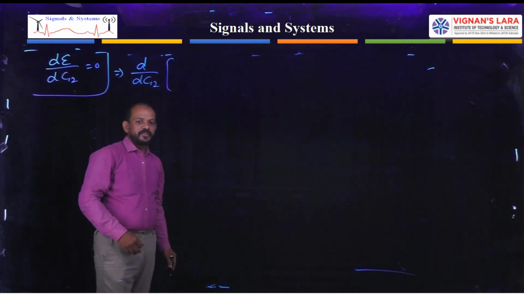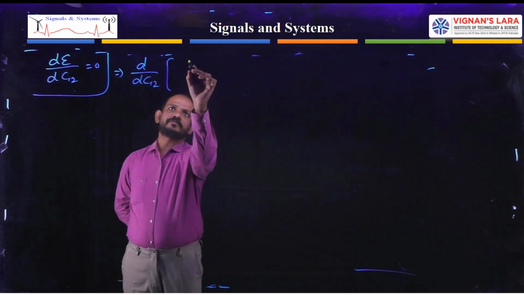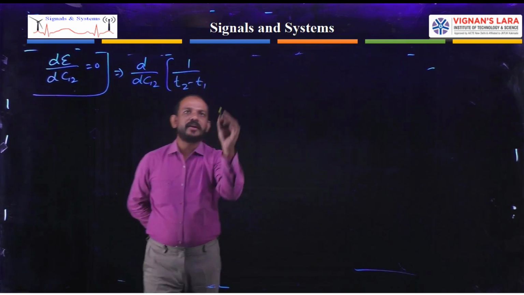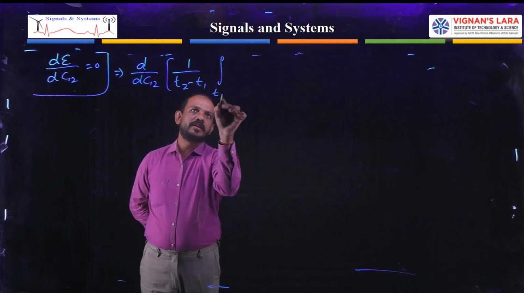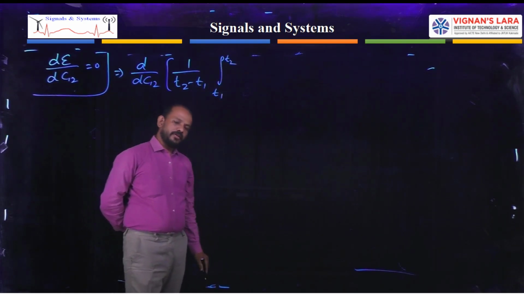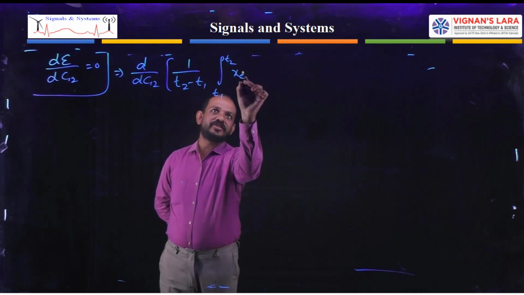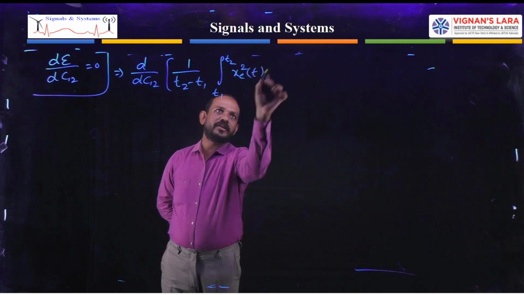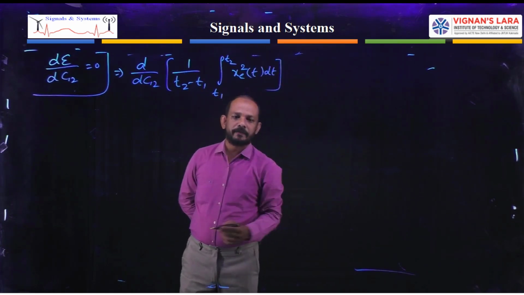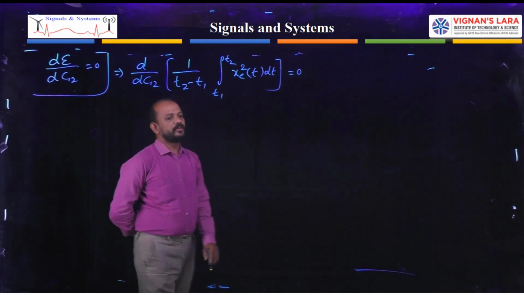I already gave you the equation: the value of mean square error is 1/(t2 − t1) integral from t1 to t2 of e square of t dt. That will be equal to 0.